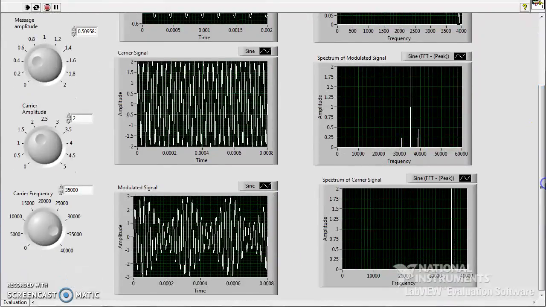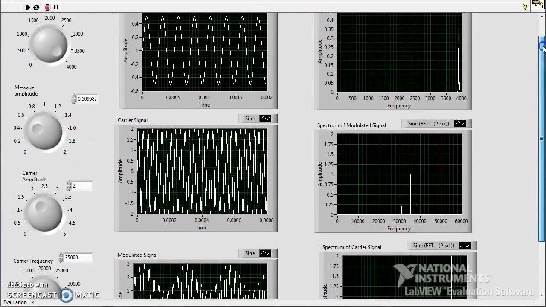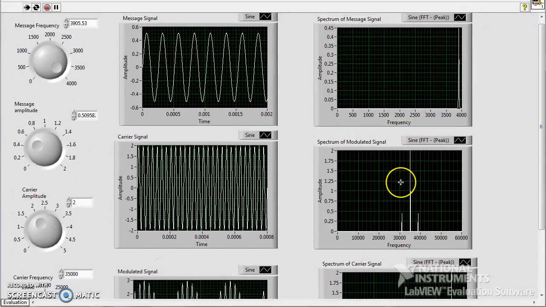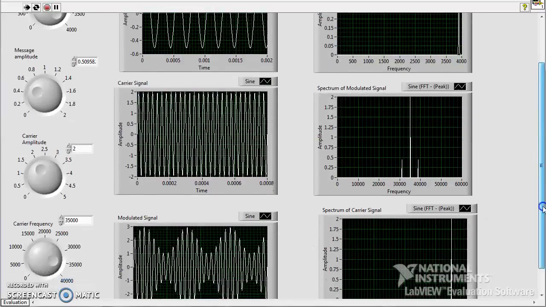We have seen the three conditions: under modulation, perfect modulation, and over modulation. Similarly, here are the message spectrum, modulated spectrum, and carrier spectrum.